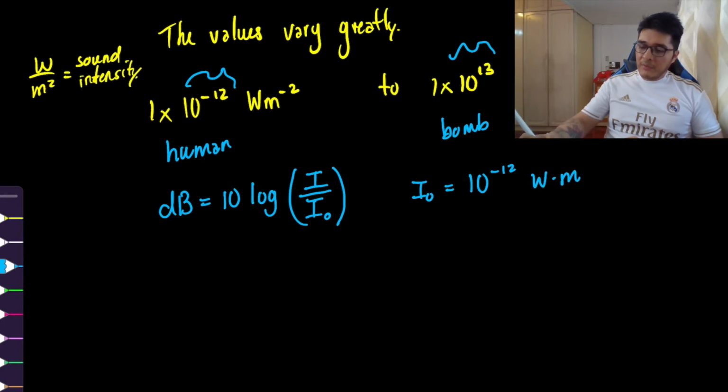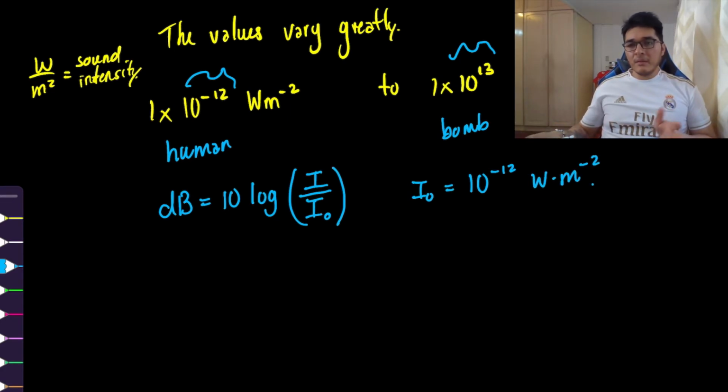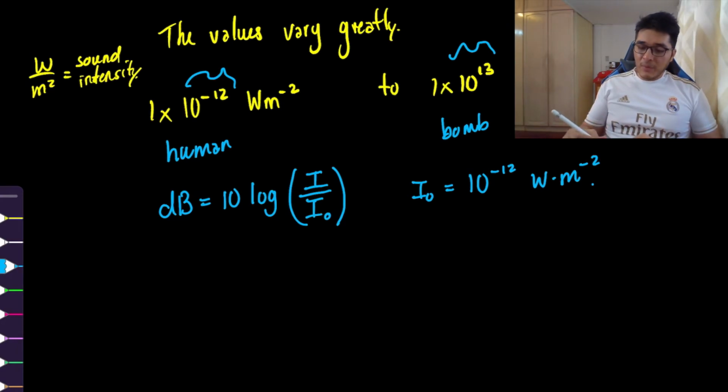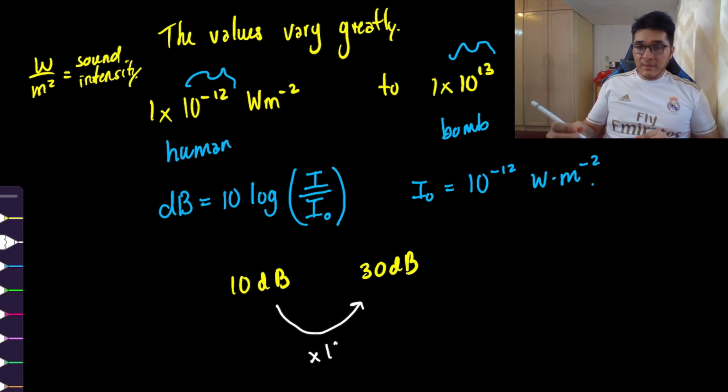We'll come back to the formula later. Again, you're not expected to know the formula; it's just something a bit extra. So why are the different units required? Because the values vary too greatly and it's really hard to distinguish them unless we use a logarithmic scale, because it helps us determine that when you move, like we said before, from 10 decibels to 30 decibels, there's actually a difference of 100 times loudness.